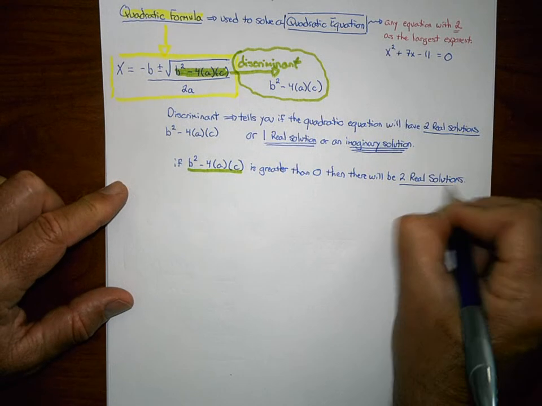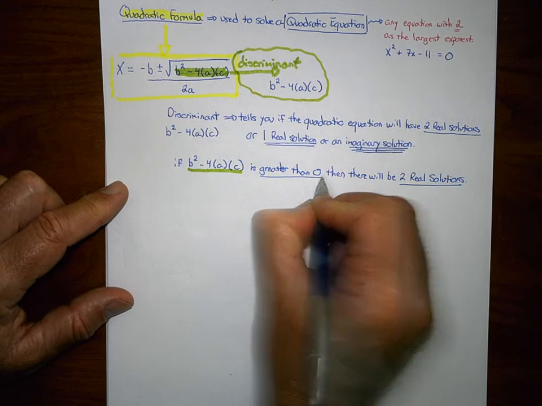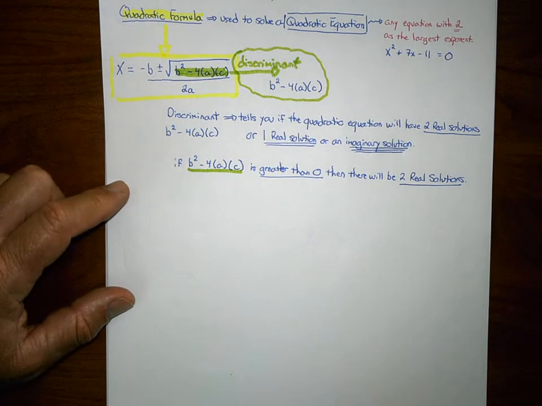Okay? So if the discriminant is greater than 0, that means you're going to have two real solutions.